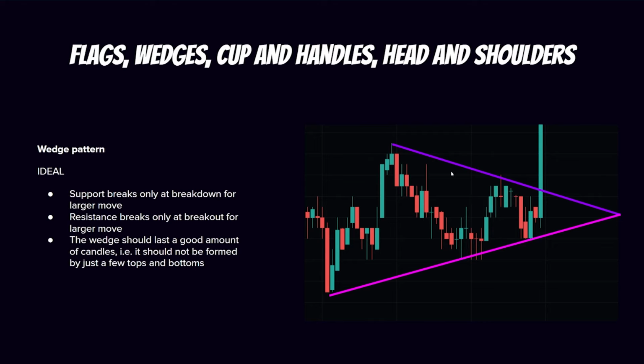So there are not many candles going much higher or lower than resistance and support before the price actually decides which way to go. The consolidation phase should last quite a lot, so very tiny wedges, like only a few candles, are valid in the context of a flag, but as wedges themselves they are not ideal.